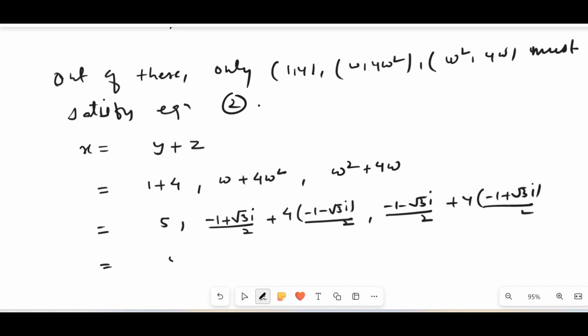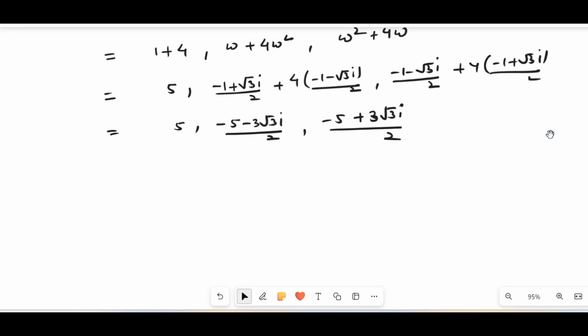It will get, that is 5; negative 1 minus 4, that is negative 5, and here we'll get positive root 3 and minus 4, that is negative 3 root 3 i over 2. Its conjugate, that is negative 5 positive 3 root 3 i over 2.